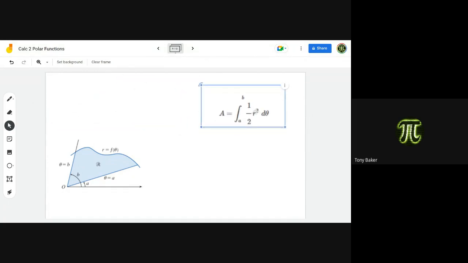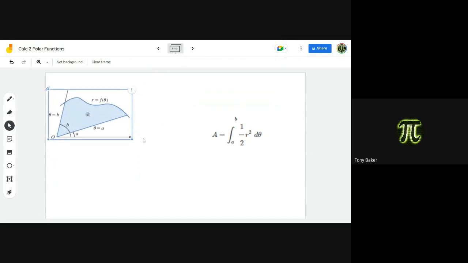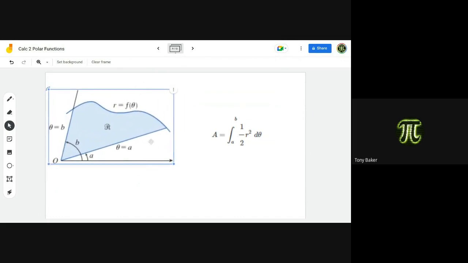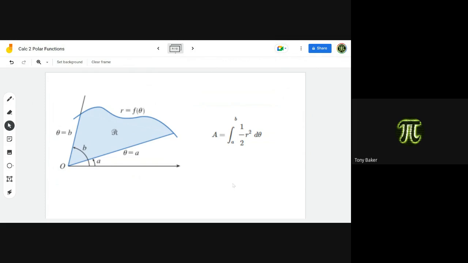Area of polar shapes. The formula for area is very similar to what we had done before. It's 1/2 r squared d theta. r is your function in terms of theta, and my interval is in terms of theta.